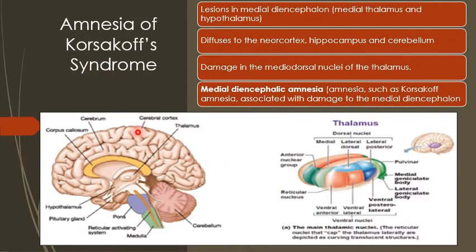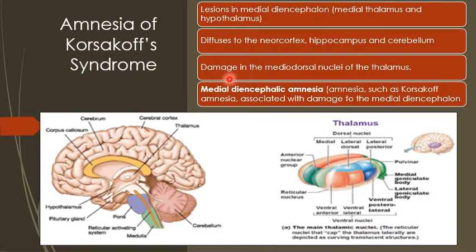When the primates came into the scene, that is when the cortex developed. That's why it's neocortex. And also to the hippocampus and the cerebellum. So it spreads, starting from the lesions in the medial diencephalon to the cortex, to the hippocampus, and to the cerebellum.